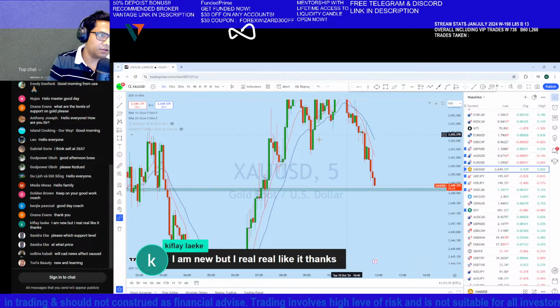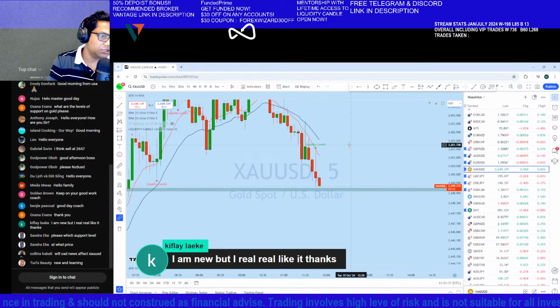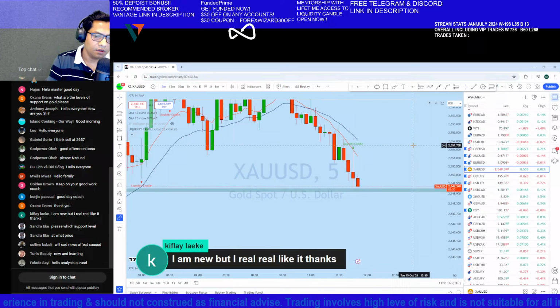We can see after this, yeah, this is a liquidity candle, and 5 minutes on XAU USD.